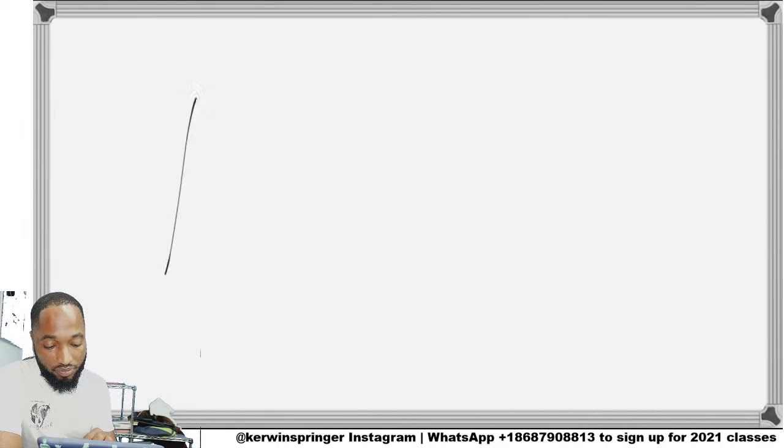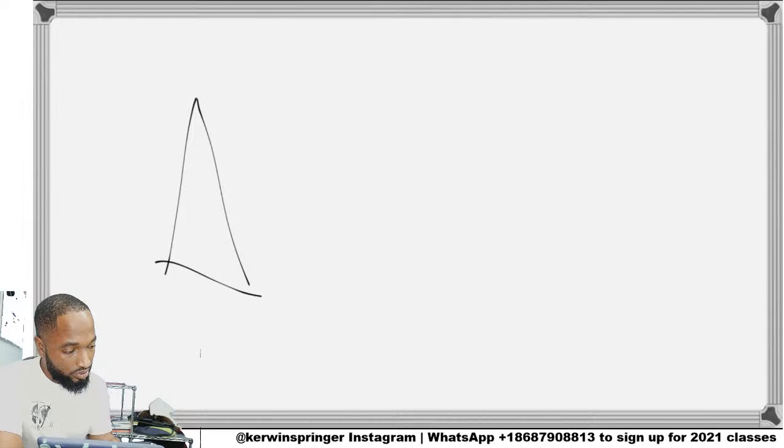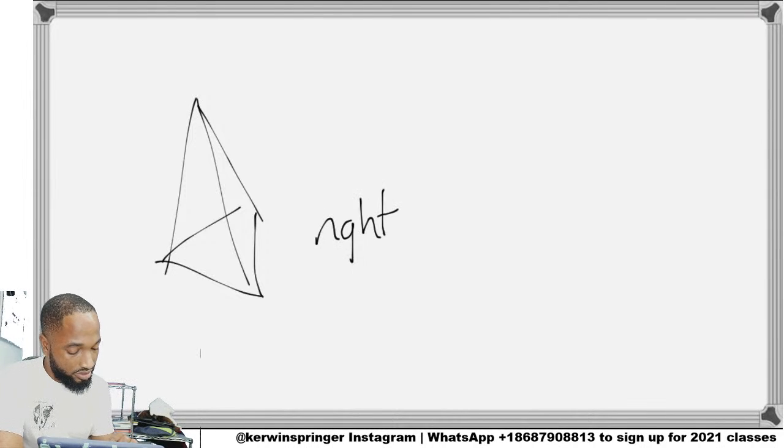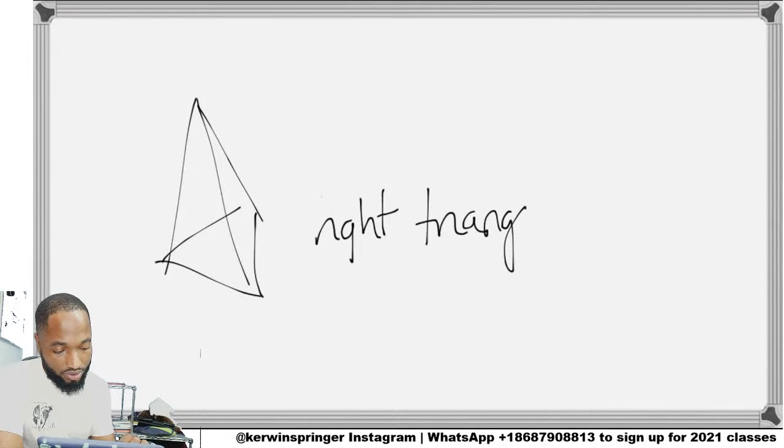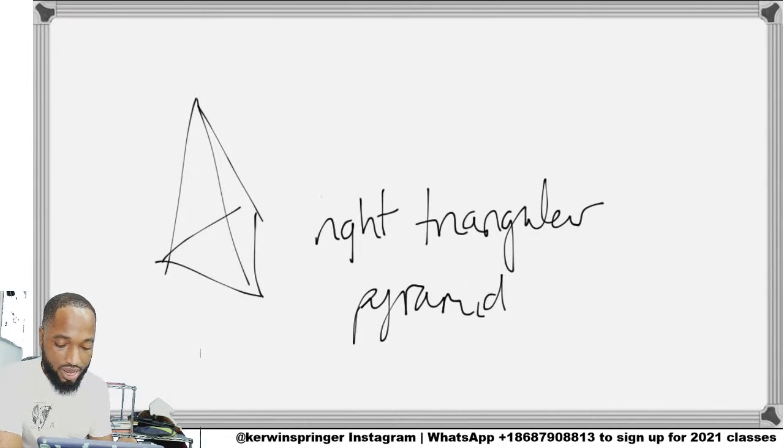You need to know your types of pyramid. This is a right triangular pyramid. So that is the one I had, and there's another one that you should know that they love.